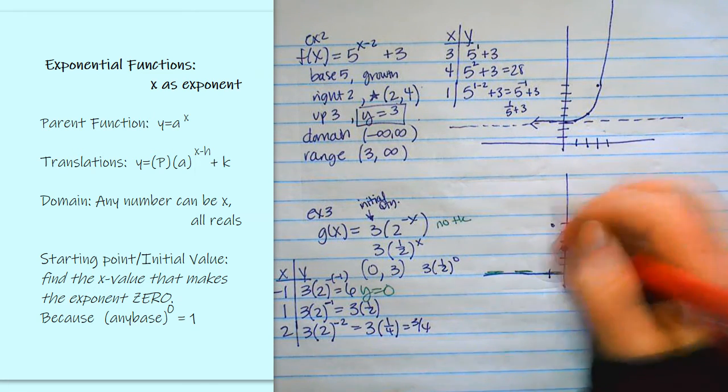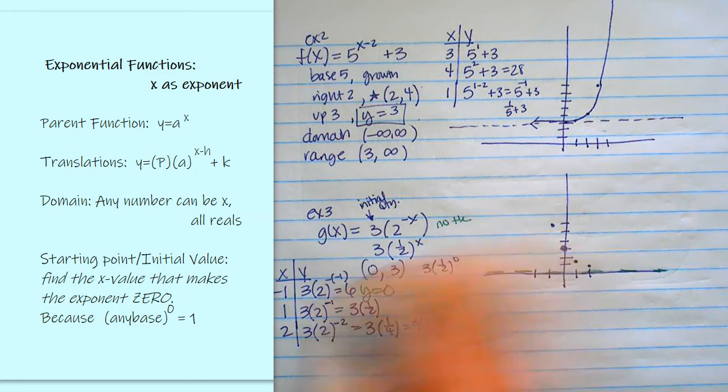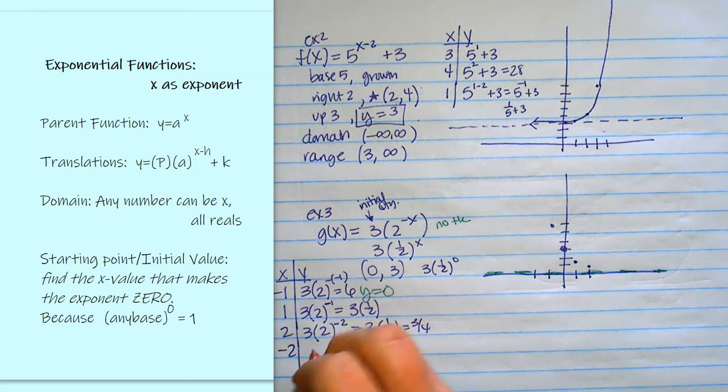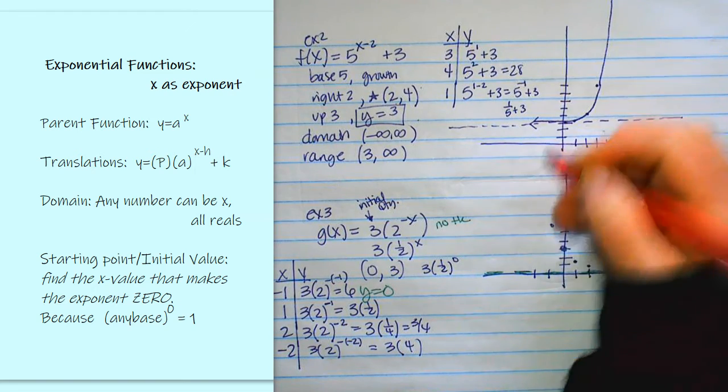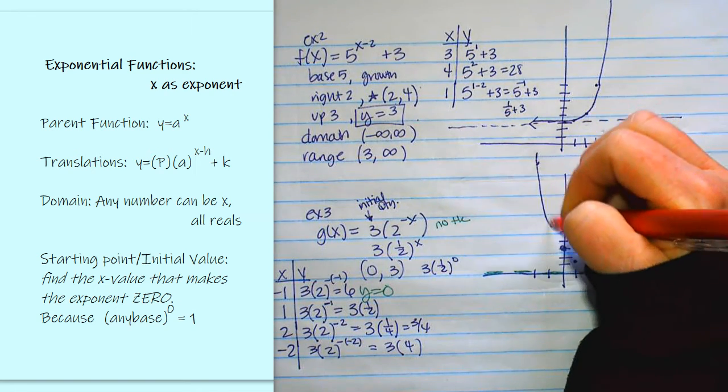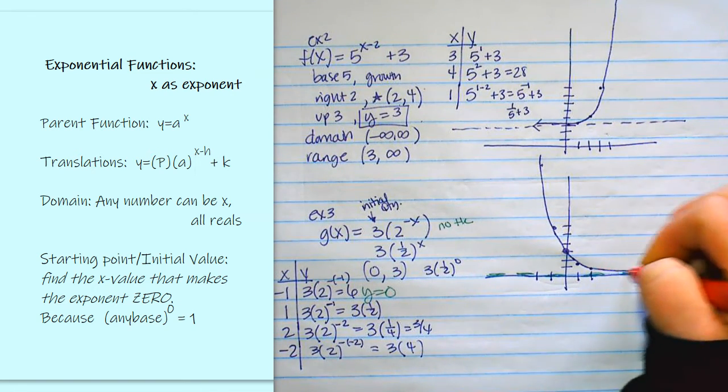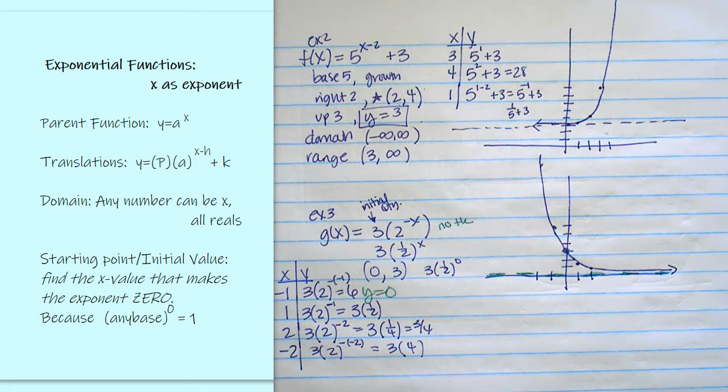And if I wanted to plug in another number over here, like -2, just to see that growth, I'm going to plug in -2 into the original function. That becomes 3 times 2 to the second power, which is 4, which becomes 12. So at -2, I'm at 12. And it's going to follow the asymptote right there.